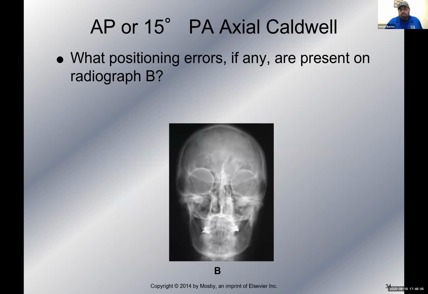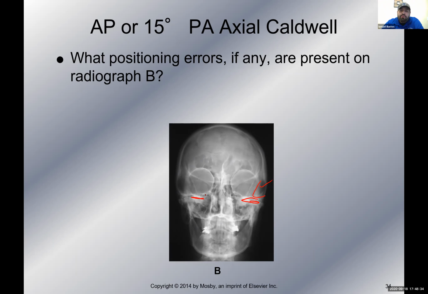Obviously no marker. We know there's no marker, so don't worry about that. But with a Caldwell projection, what should you see on a radiograph to let you know that it is a 15-degree Caldwell projection? I hope you said the ridges in the lower 1/3 of the orbit. And if you did, great. Are they in the lower 1/3? No. They are too low. So now here we go.